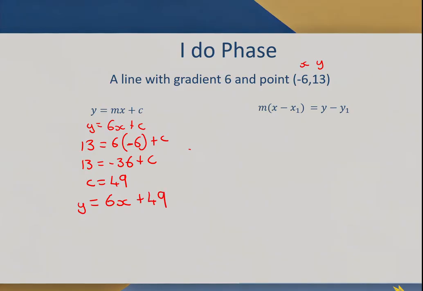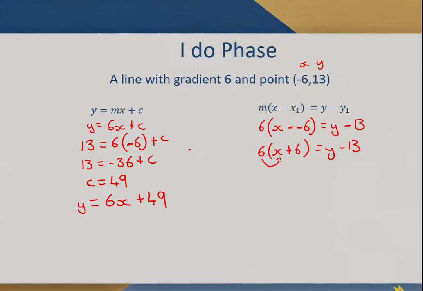If I do it in this other method, my gradient m is 6. So 6 times x take away the x point of negative 6 is equal to y take away the y point of 13. I can expand by going negative and negative to positive, so I'll rewrite this. 6 times x plus 6 equals y take away 13.